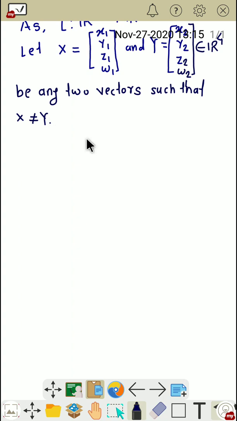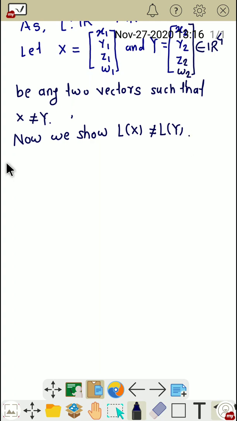Okay, now we show their images are also not the same, meaning L of x is not equal to L of y.